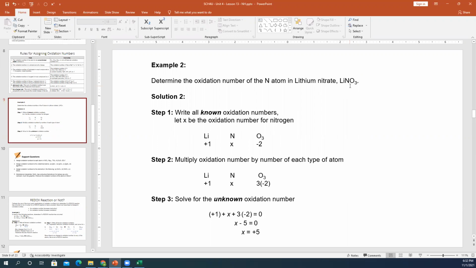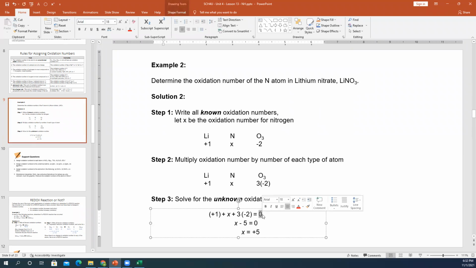I'll say it again. Does lithium nitrate have a charge on it? Do we see any minuses or pluses up here? Is it lithium nitrate -1 or +2? No, it doesn't. It is neutral. It has an overall charge of nothing. So overall, when we add all of these oxidation numbers, it has to add up to 0 because there is no charge on this molecule.